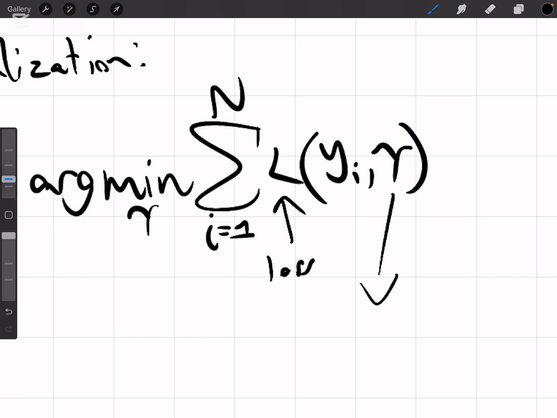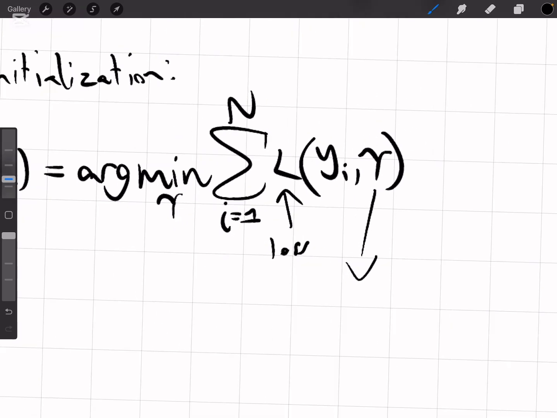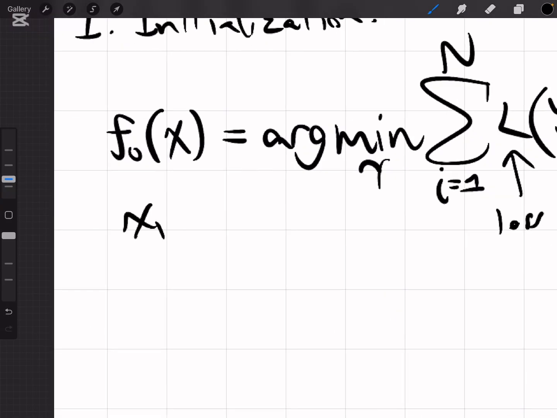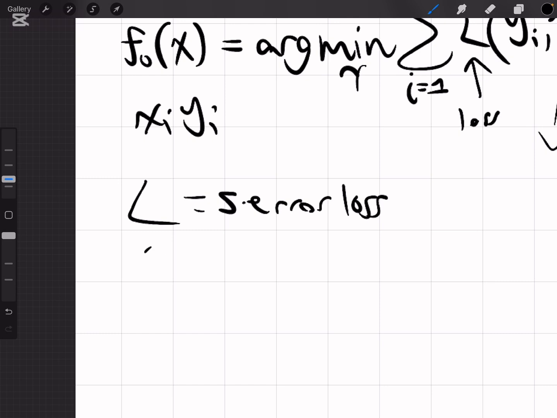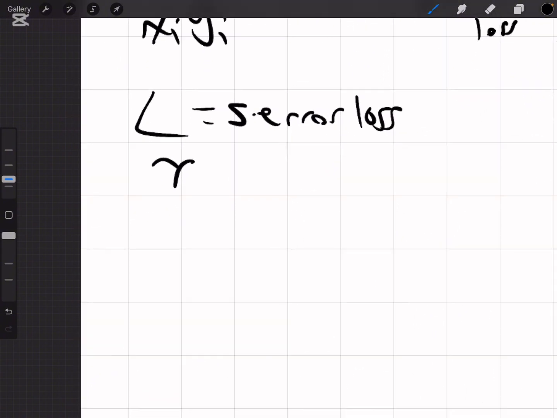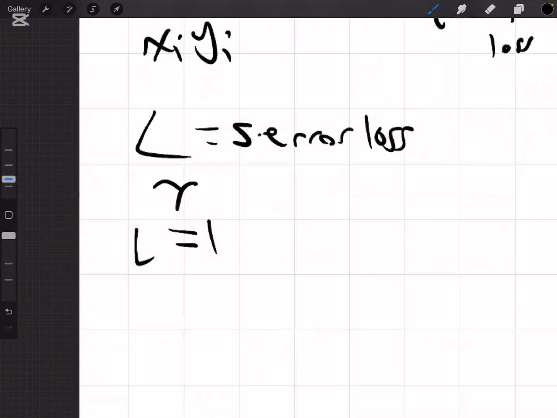So when applied to every data point, xi, yi, for instance, if L is your squared error loss, then your little thing here would be the average of yi.